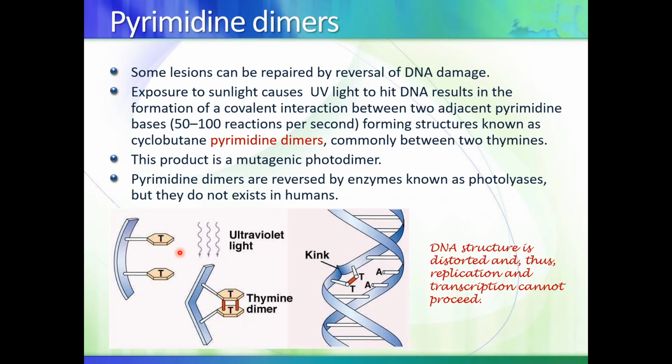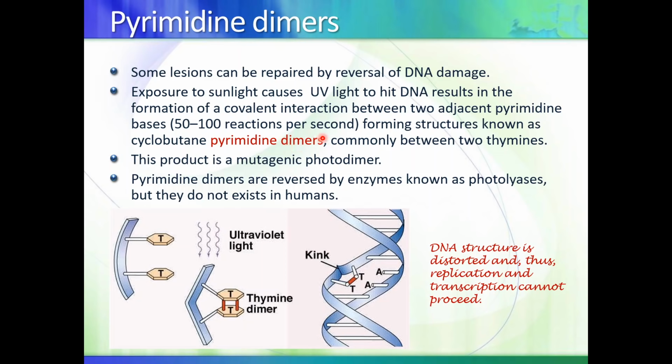Now, it's really common that our skin, when exposed to UV light, to sunlight, that this UV light would hit our DNA, causing what is known as pyrimidine dimers. Okay, now the number of pyrimidine dimers formed per second is really amazing.